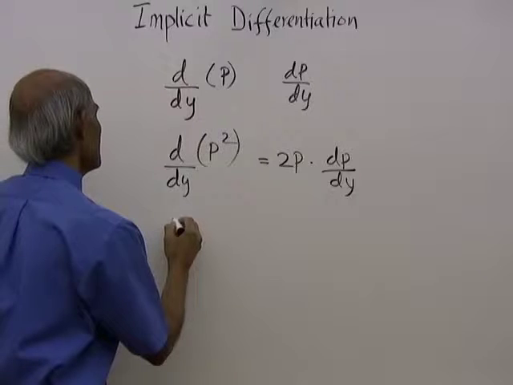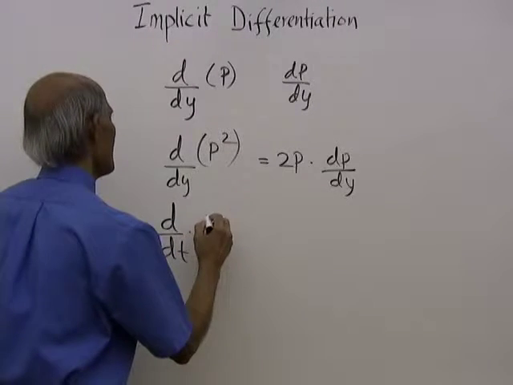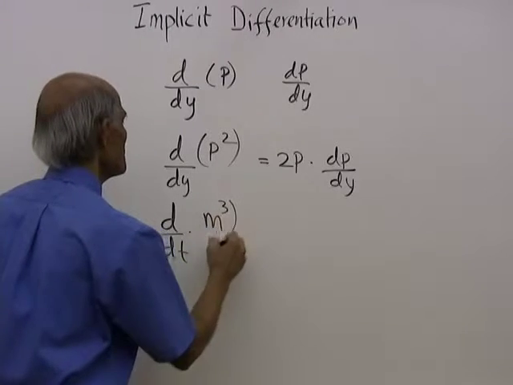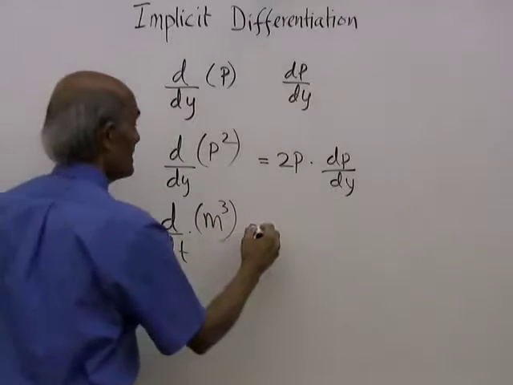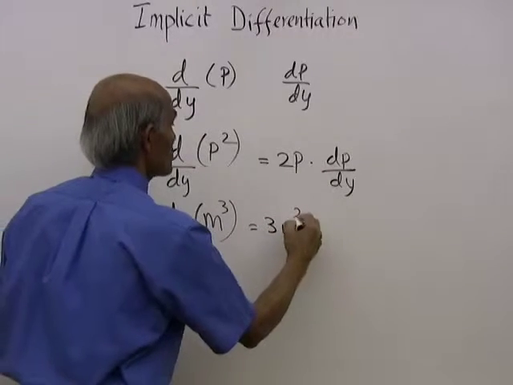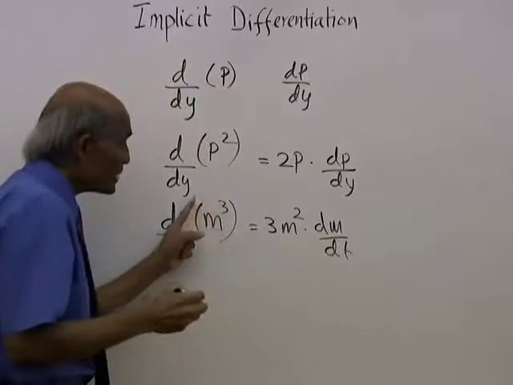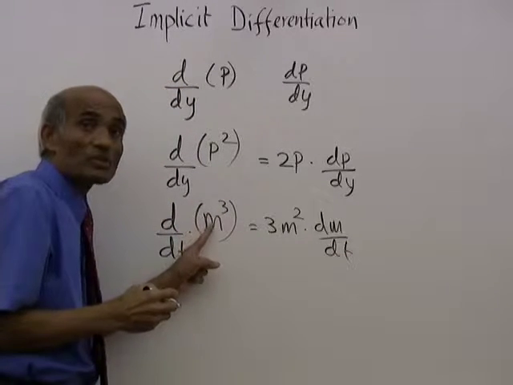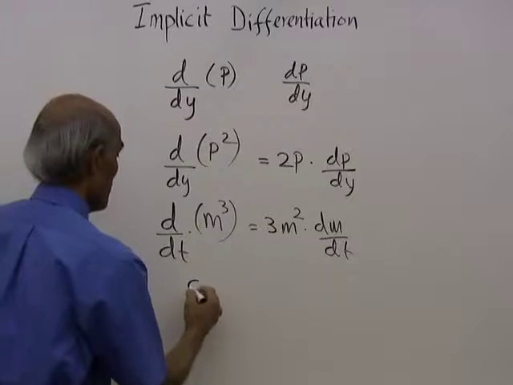Now, the derivative of m cubed with respect to t will be 3m squared dm over dt, 3m squared times the derivative of m with respect to t. But watch this.